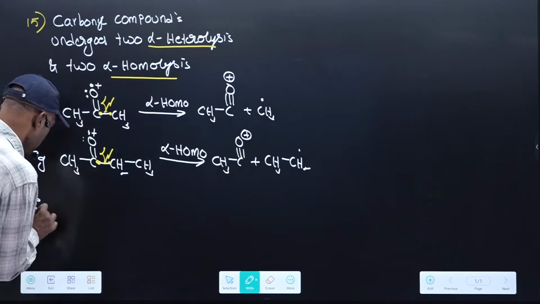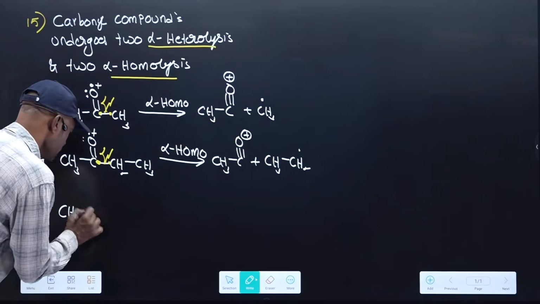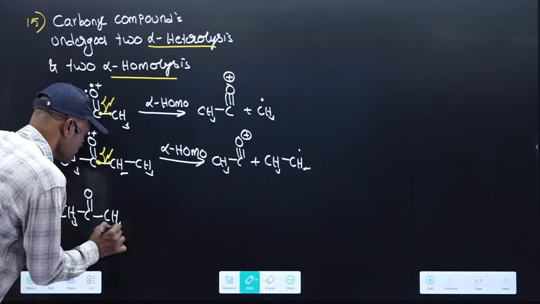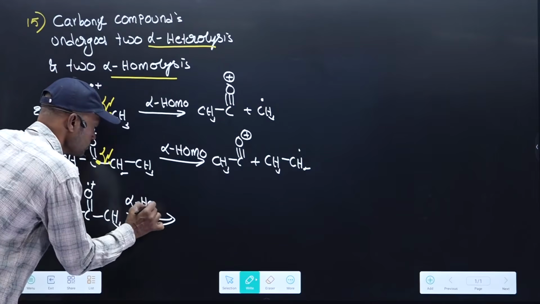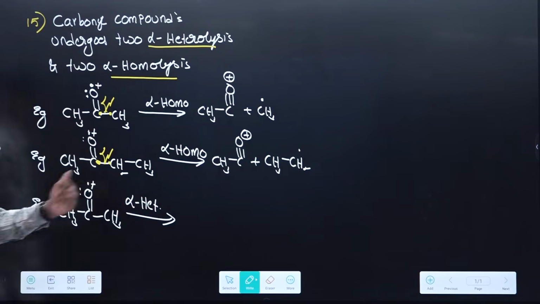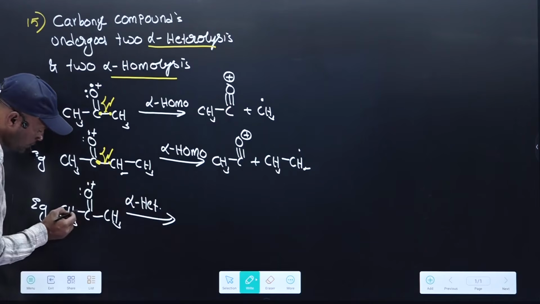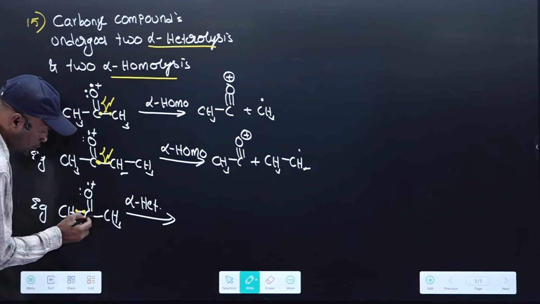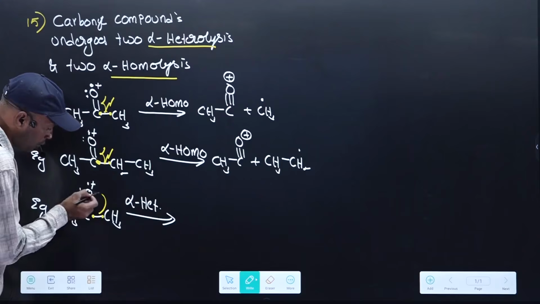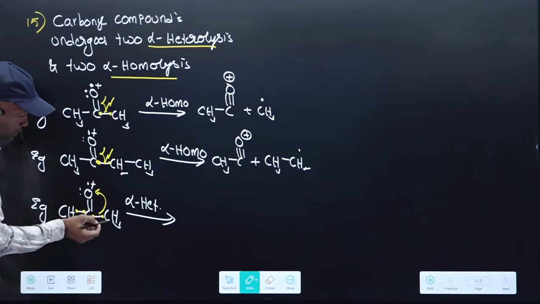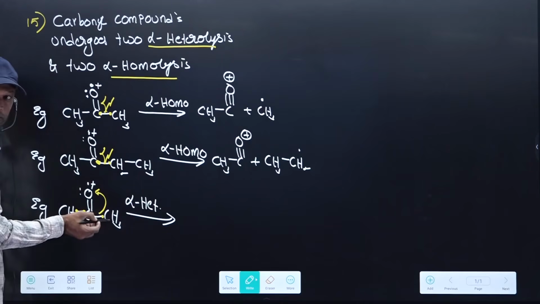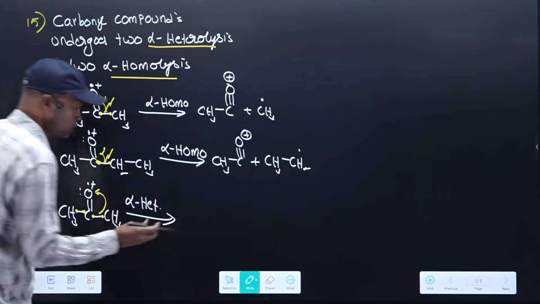Suppose I want to make a heterolysis: C double bond O, CH3. This is the radical cation and I want to make alpha heterolysis. Heterolysis means like this. See, here 2 electrons, here also 2 electrons are there. I want to add this electron here. If I add this electron over here, then this is removed in terms of cation.